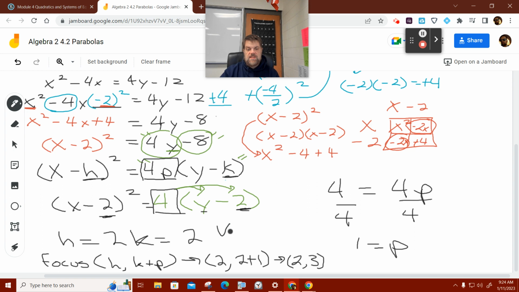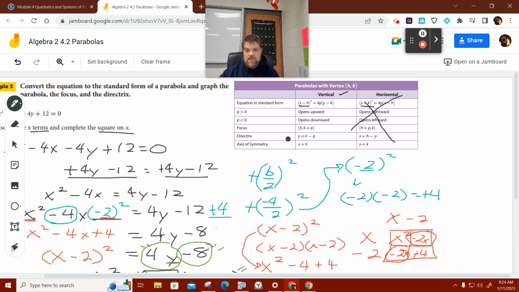Now the vertex is just (h, k). Oh, not x. Which is really just (2, 2). And then we need a directrix. So how do I find the directrix?